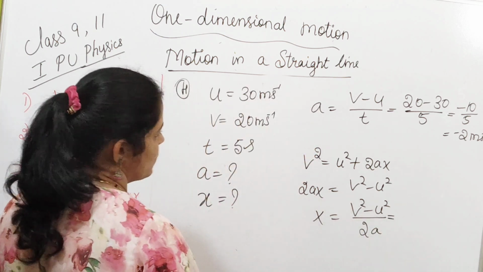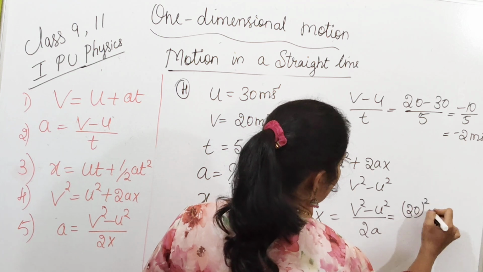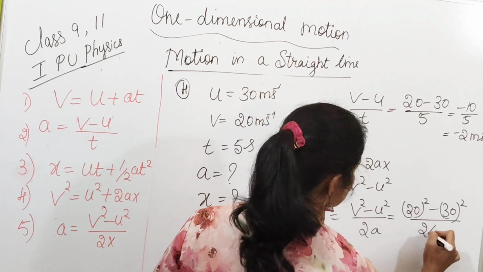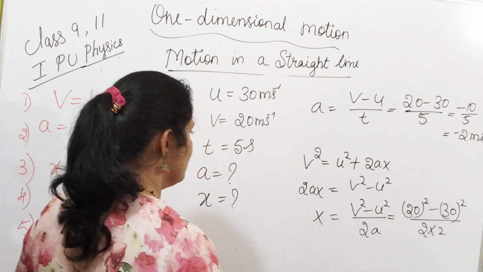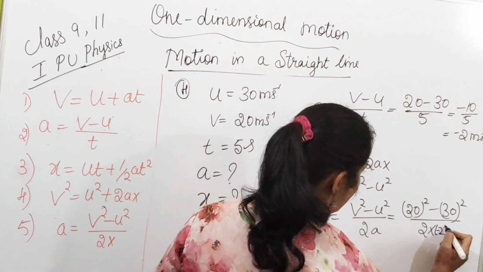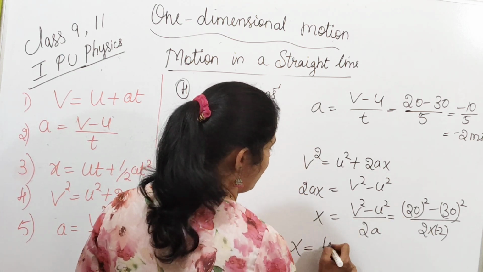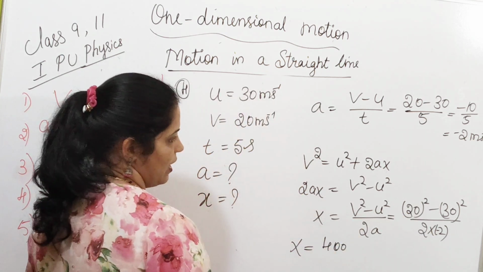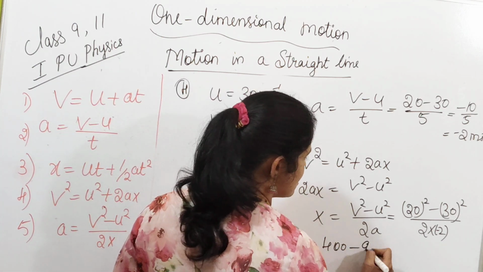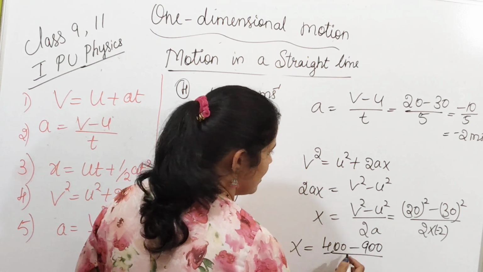So v is 20, so 20 square minus 30 square divided by 2 into minus 2. 20 square is 400, 30 square is 900, 2 into minus 2 is minus 4.